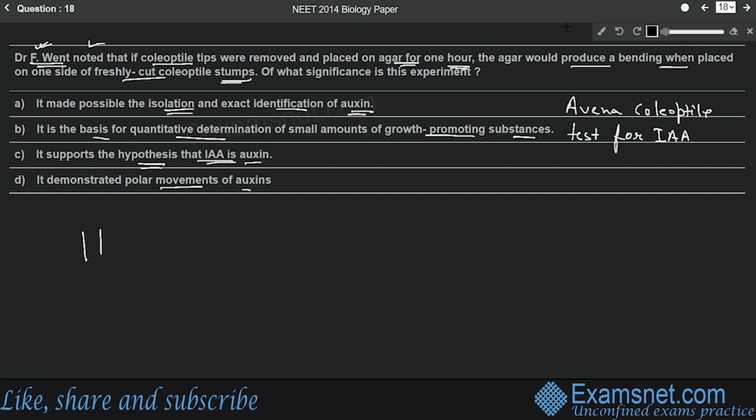Suppose this is the tip portion, so it was cut and removed from here. The tips of Avena coleoptile were removed. Then this tip portion was placed on the agar block. This is the agar block, here the tip is kept.